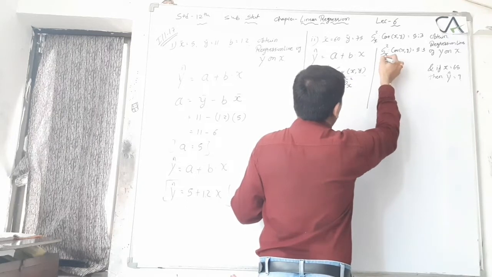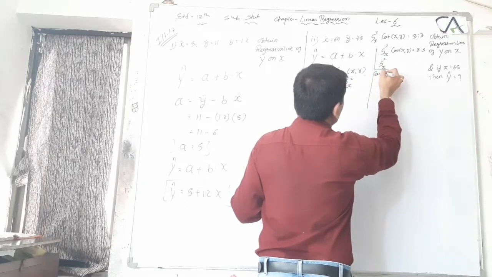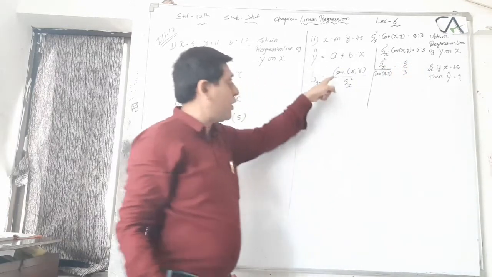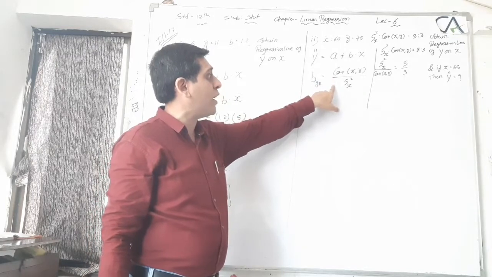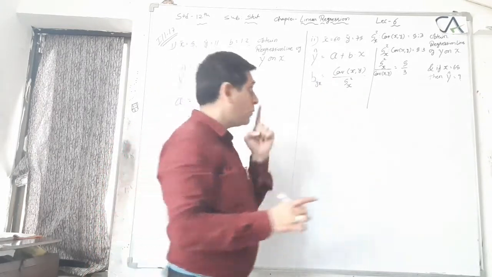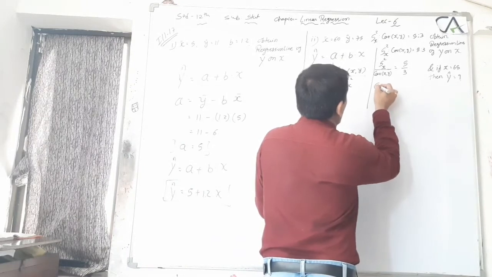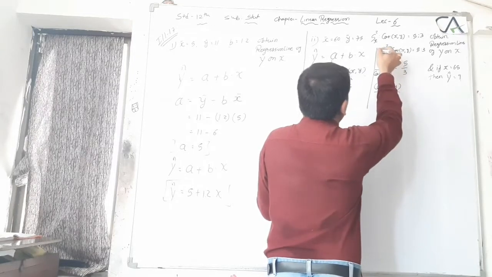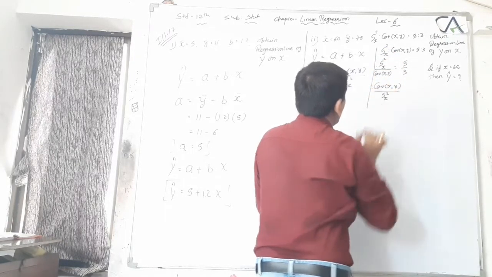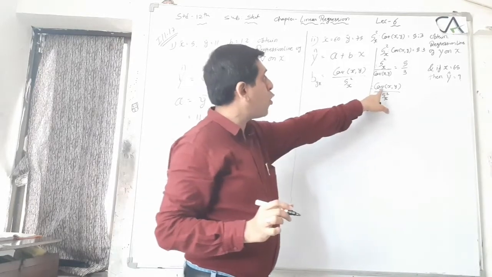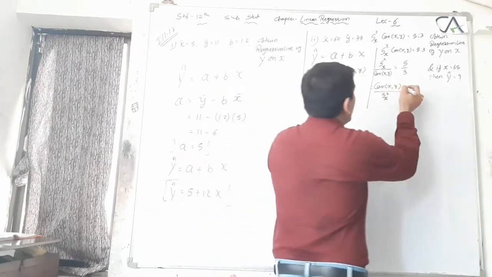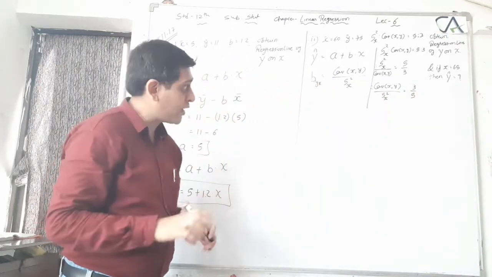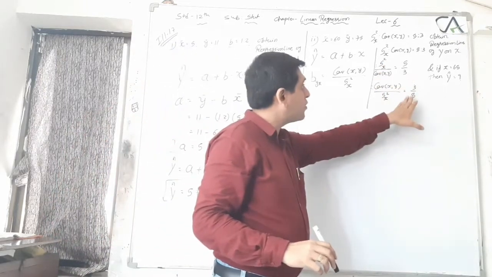Here Sx square upon covariance of xy is equal to 5/3. But we want in the formula covariance of xy upon Sx square. So we have to take the inverse, therefore covariance of xy upon Sx square is equal to the inverse of this, that is 3/5. The ratio of covariance of xy and Sx square is 3/5.